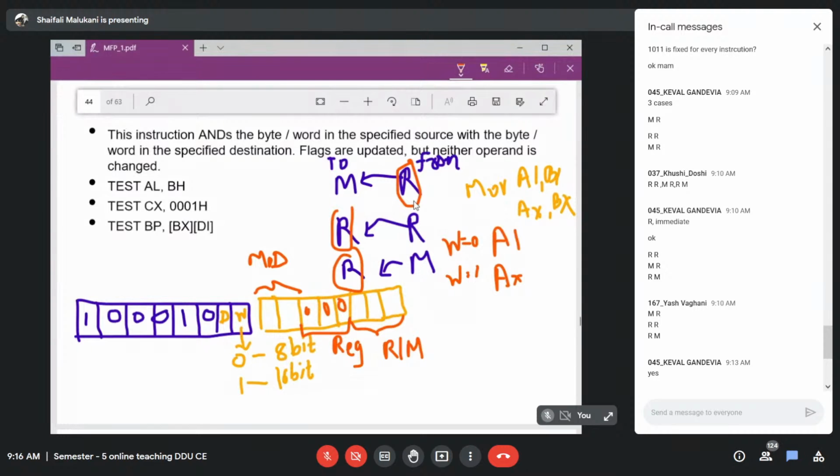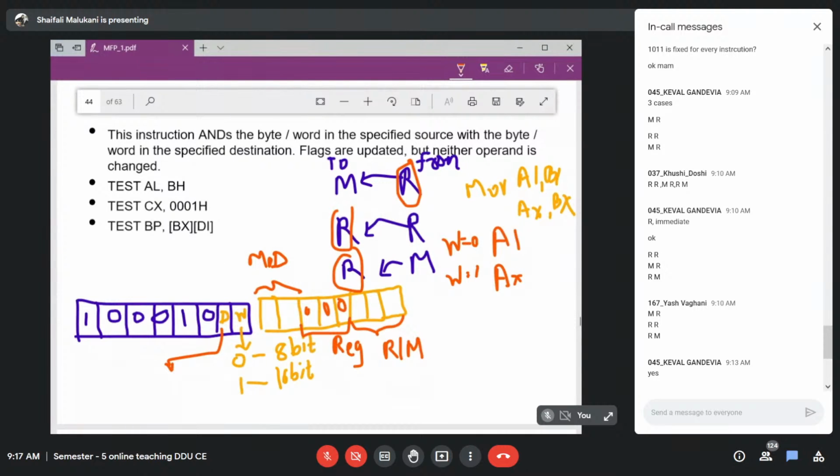Now that register can be from or to both. That means you can take from AL or you can put to AL. AL can act as a destination or as a source as well, right? So that is indicated by this D bit. What does this D bit indicate?